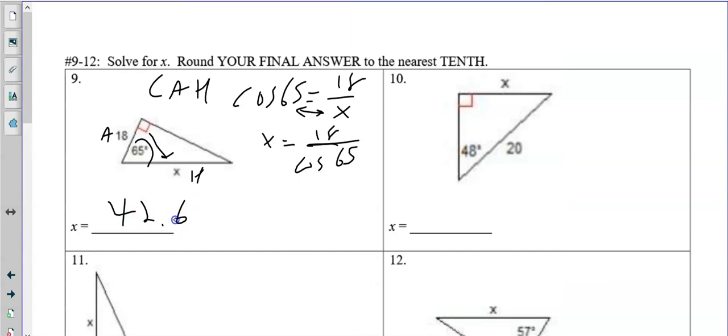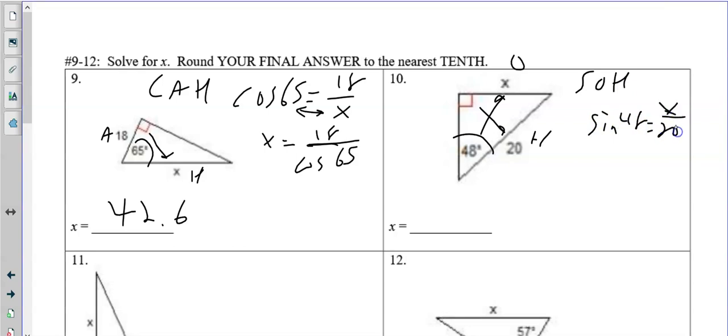Okay? 10. From this angle, what do we have? We have opposite and we have hypotenuse. That's sine. So we do sine of the angle equals opposite over hypotenuse. In this case, it's very easy.